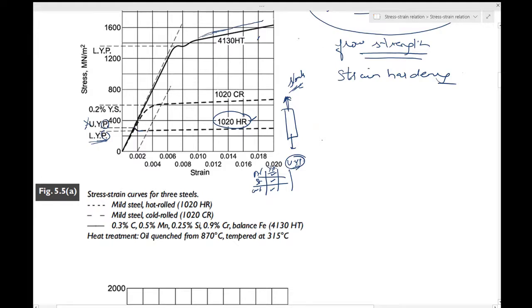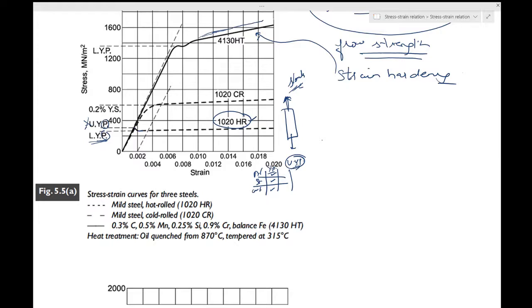So this phenomenon is observed in this particular curve. There are other parts of it which are not really useful for our course, so we will not discuss strain hardening any further in this course. However, if sometime in the future you decide to take up a course in plasticity, then definitely you will be seeing lots of strain hardening there.